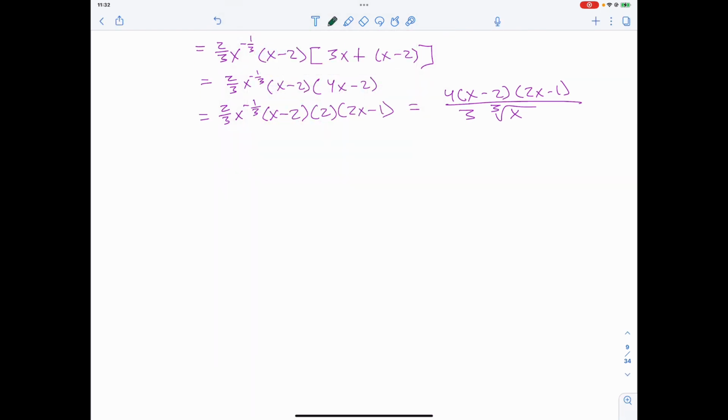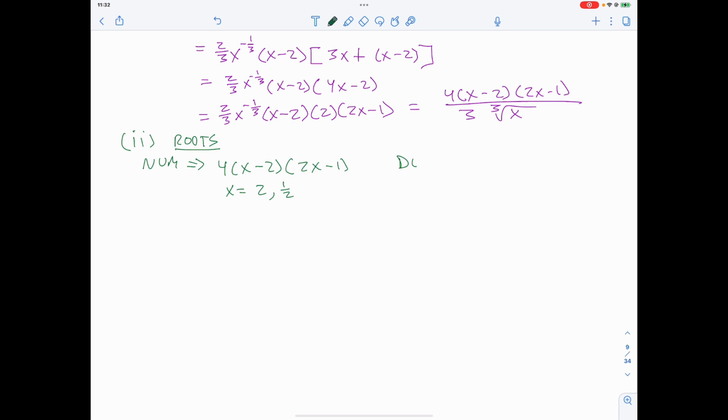Step 2 is we're going to do the roots. From the numerator, where we have 4x minus 2 and 2x minus 1, which is going to give me roots at 2 and 1/2.